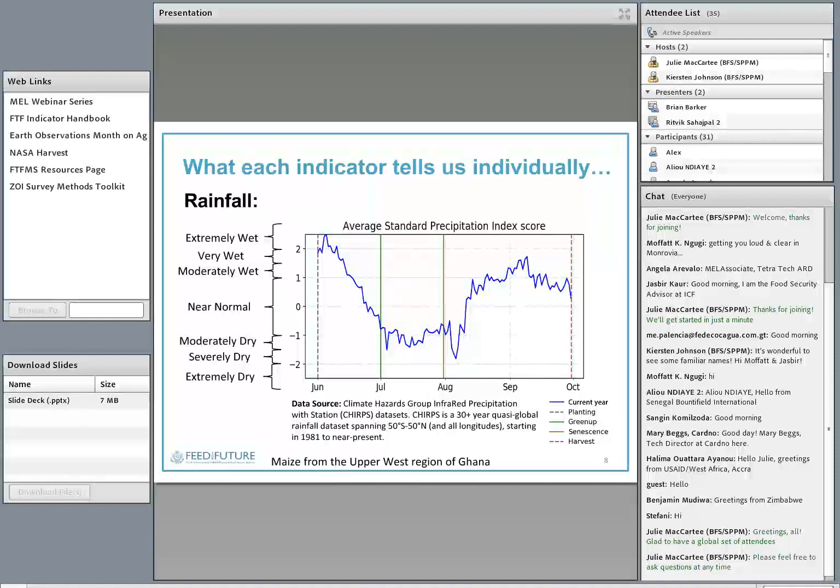All of them were instrumental in helping to determine which variables we would include in our new context indicators, and helped define them and write the indicator handbook definition. So I just wanted to thank them for their help from the very beginning. All right, go ahead, Brian.